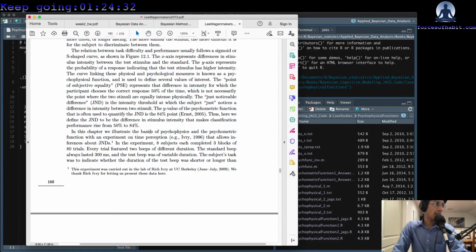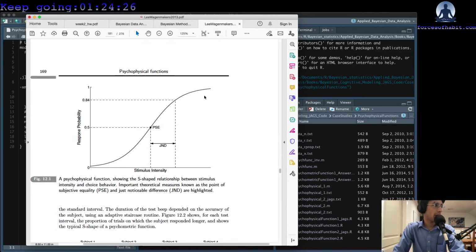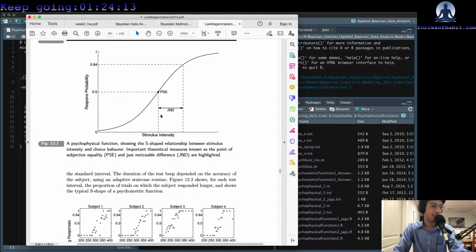This will help demonstrate some of the crucial concepts, that being this psychophysical function, as well as some of the characteristics that we can infer from the data based on this function. I'm not critically familiar with this, but once again, we learn along the way.